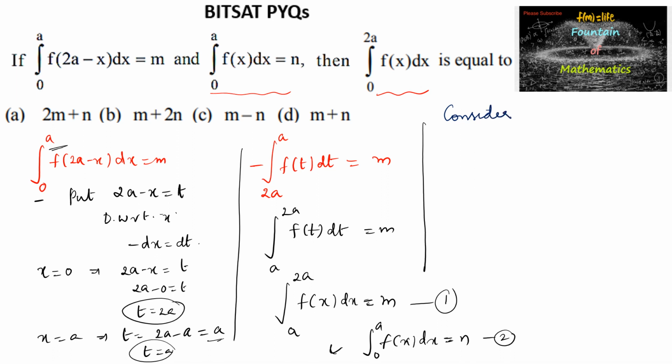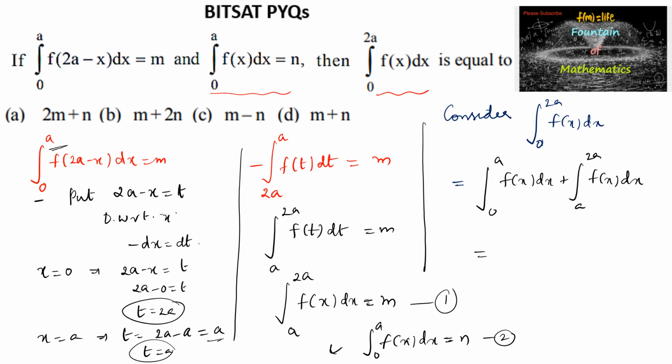Now consider integral 0 to 2a f of x dx, which is equal to 0 to a f of x dx plus a to 2a f of x dx.